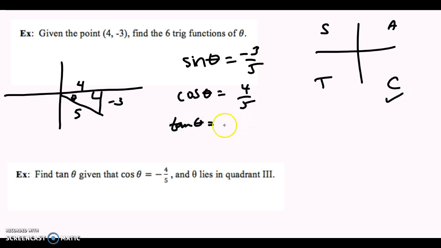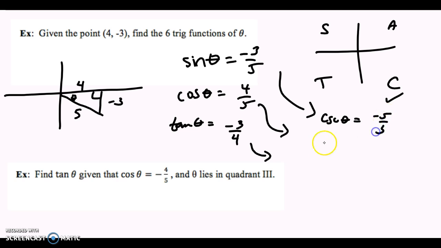Tangent theta will be -3/4. And then we'll do the reciprocals. Cosecant of theta, secant theta, and cotangent theta.